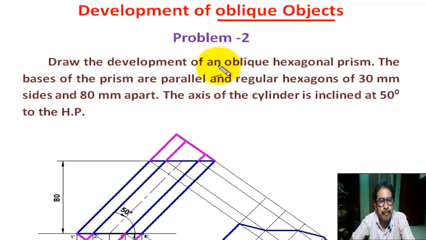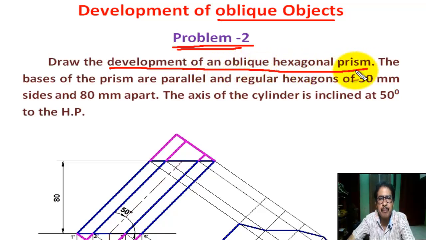Our problem is on an oblique hexagonal prism. Problem number 2. Draw the development of an oblique hexagonal prism.